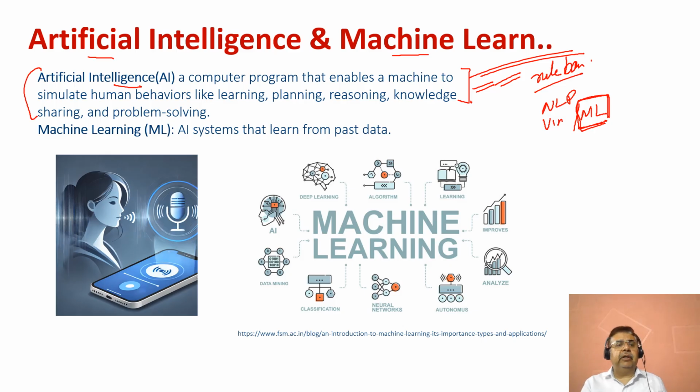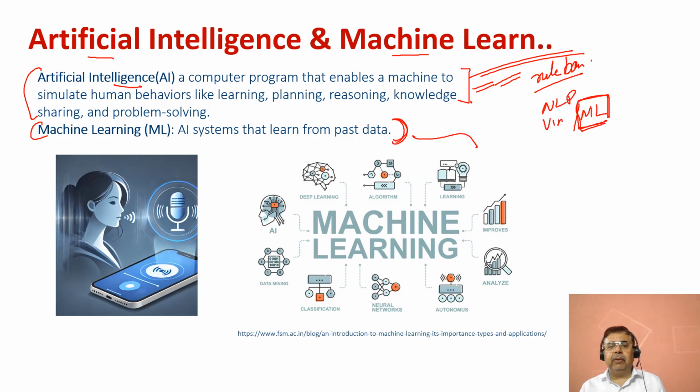Now, coming to machine learning, as I said, it relies on data, and it learns from that data. Machine learning is a subset of AI. The machine learns from data without explicit programming. The focus here is on algorithms that improve automatically through experience, that is, the training data.